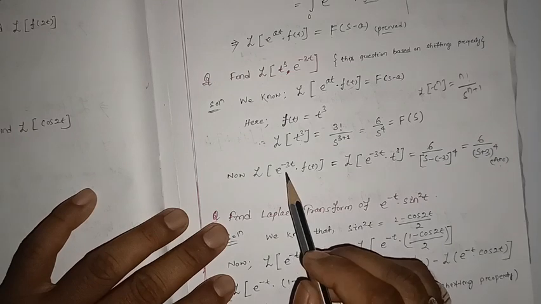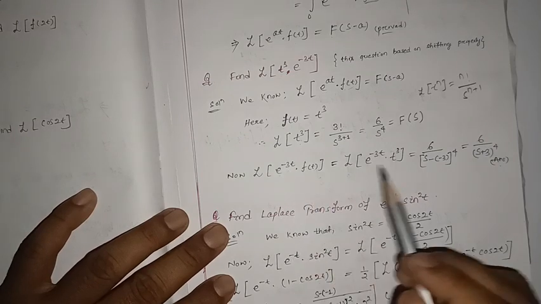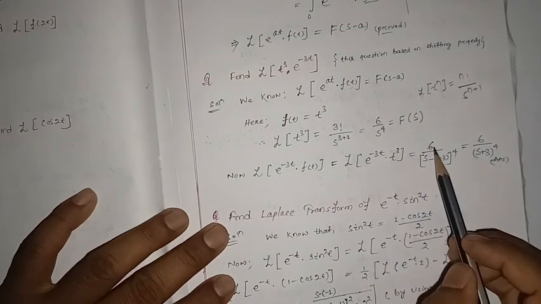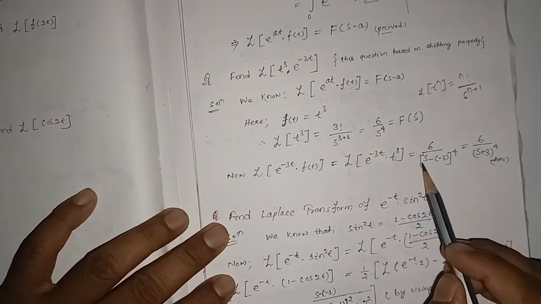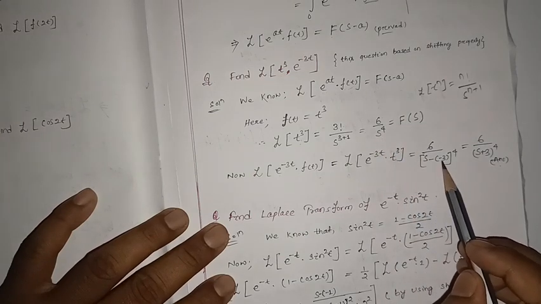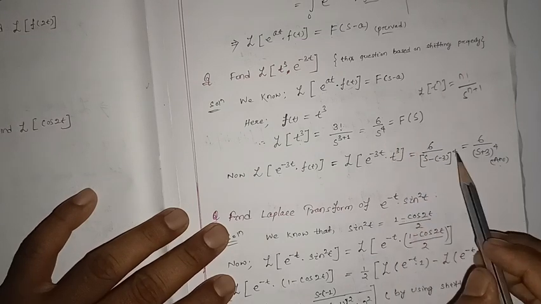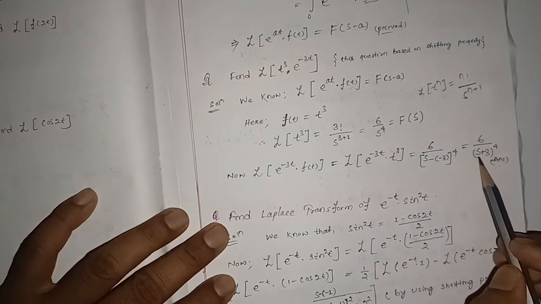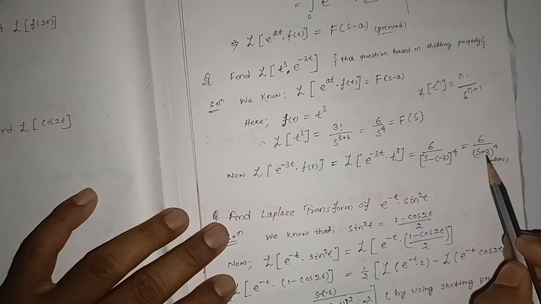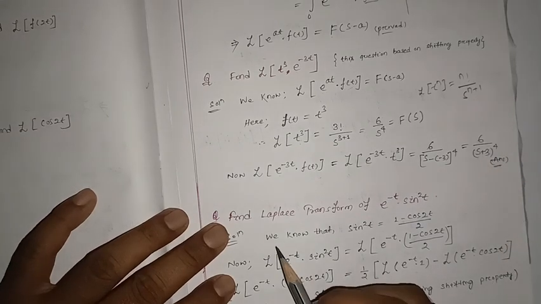As a is minus 3, instead of s we write s minus of minus 3, so 6 by s plus 3 to the power 4 is the answer.